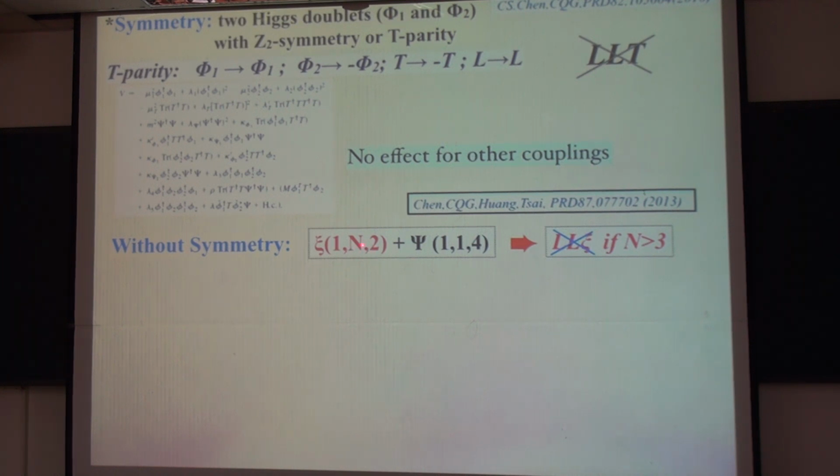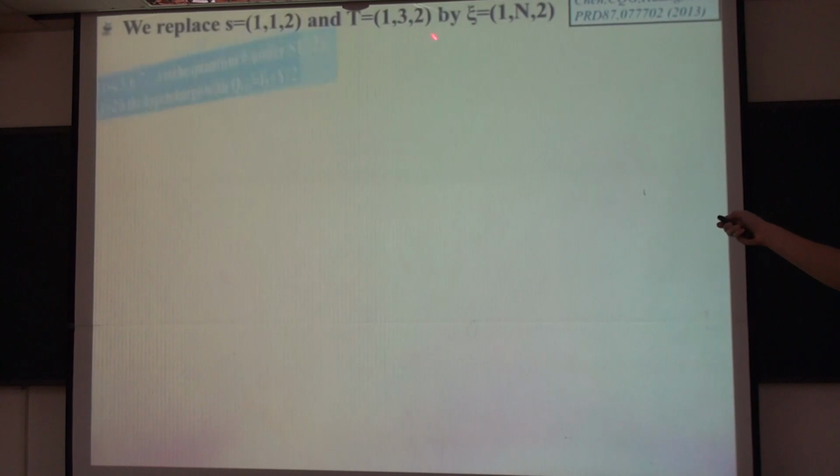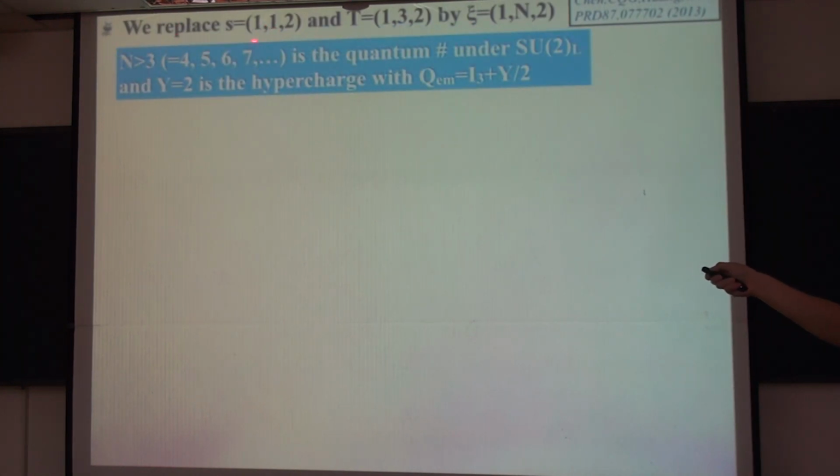This is a high multiplet, like I will mention. Okay, you can come back to this later. Yeah. So basically, you replace this singlet and triplet by this. Okay, this is n larger than 3, can be 4, 5, 6, 7, under SU2, and this is the same hypercharge.